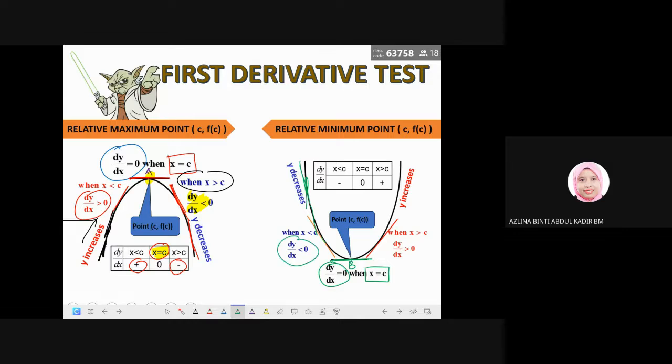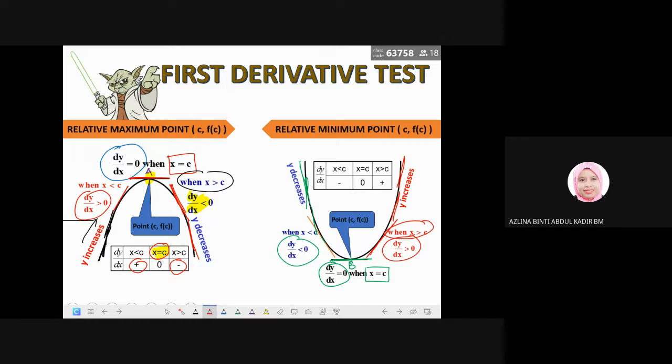dy/dx less than 0. And then when x is greater than c, y increases. Here the tangent goes upward, so dy/dx is greater than 0.